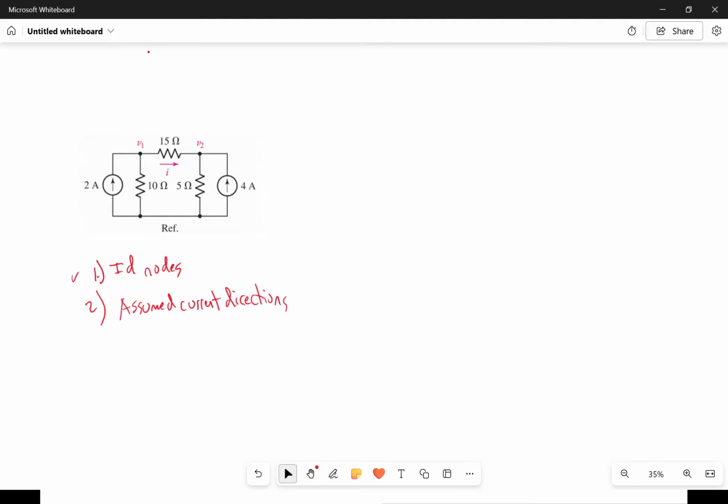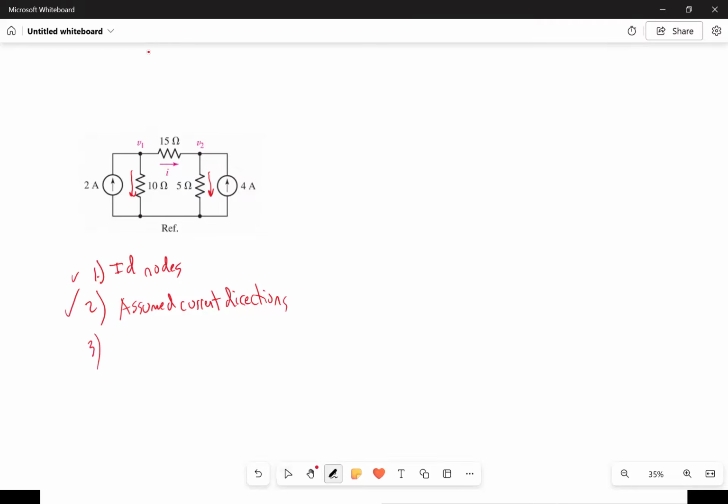Based on V1 and V2, we're assuming they are going to be higher than reference. We're going to assume current is in this direction and current is in this direction. Since I is already demanded to go from left to right, from V1 to V2, we're just going to keep that convention. So check.